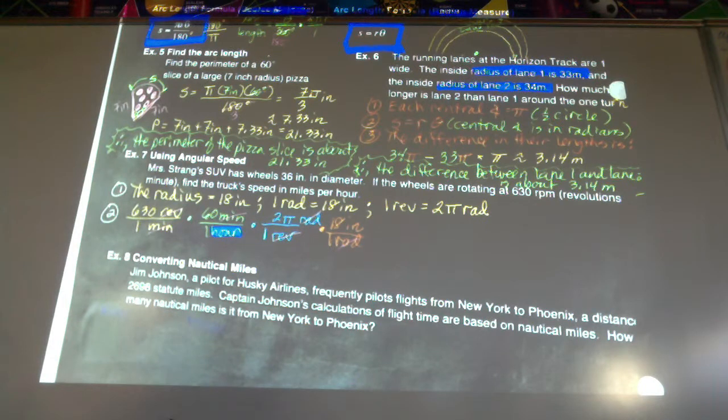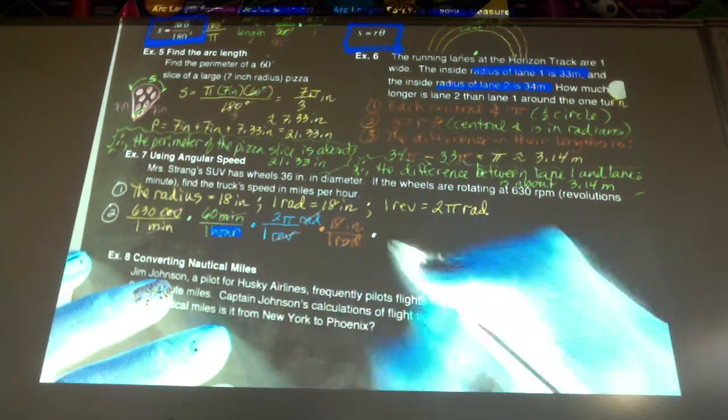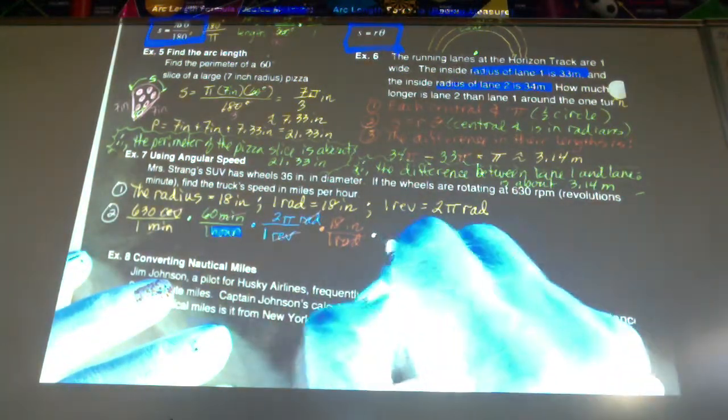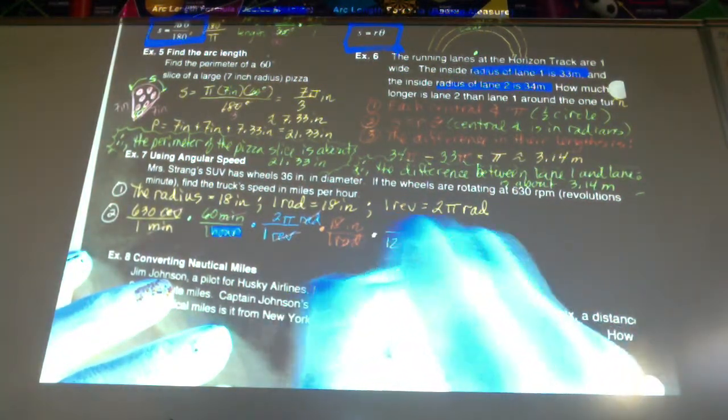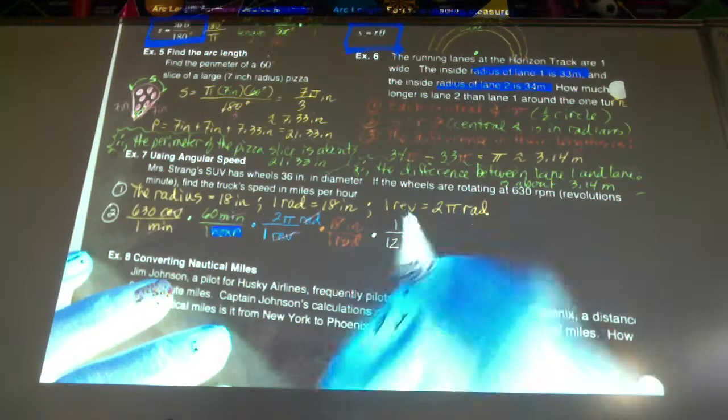Do we have a direct conversion for inches to miles? There is one, but I don't know what it is because it's a big number, so I choose not to memorize it. But I can do inches to what? Feet. So how many inches are in 1 foot? There are 12. So do I want my 12 inches up top or on the bottom? On the bottom. So 12 inches is exactly equal to 1 foot. Now we're getting somewhere.